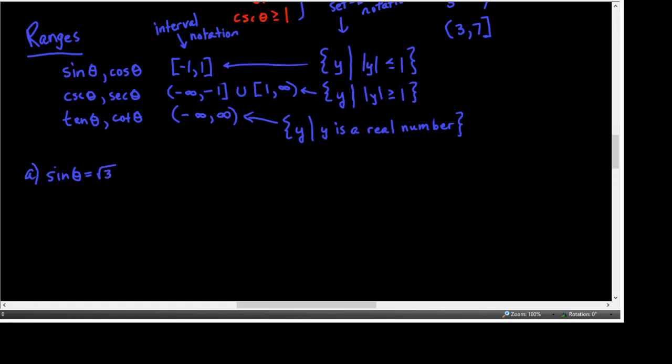Even without a calculator, you should realize that the square root of 3 is bigger than the square root of 1 and smaller than the square root of 4. So it's between 1 and 4. It's bigger than 1. So is it possible for sine of theta to have an answer that's bigger than 1? Well, if you look at the range, the largest value you could have for sine of theta is positive 1. So this is clearly impossible.